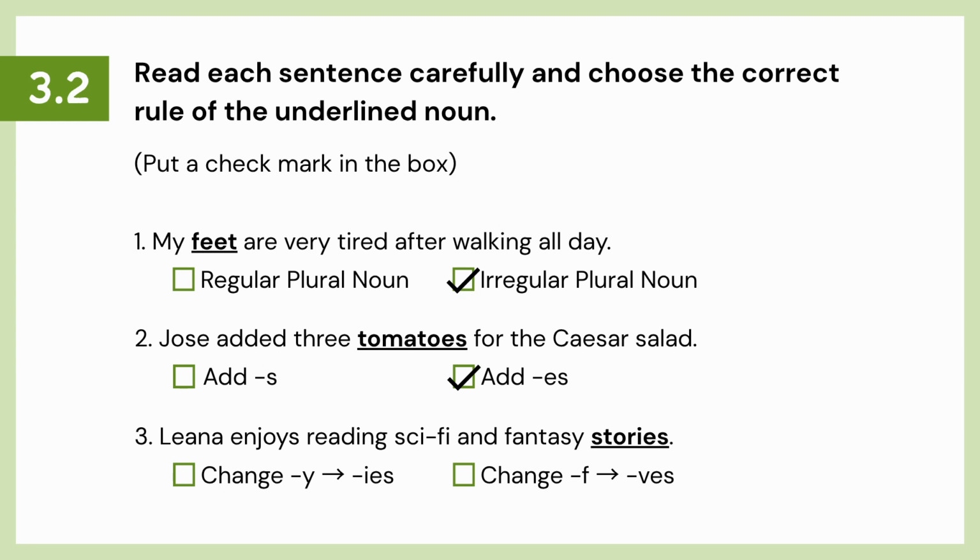Tomato to tomatoes, we add es. That's right. Number 3. Liana enjoys reading sci-fi and fantasy stories. Stories is underlined. From story to stories, we need to change Y to IES. That's right.